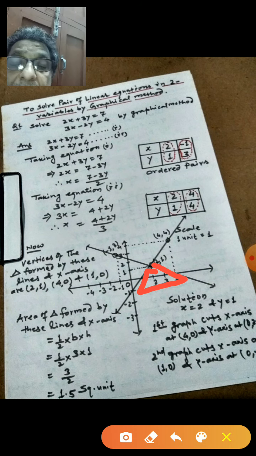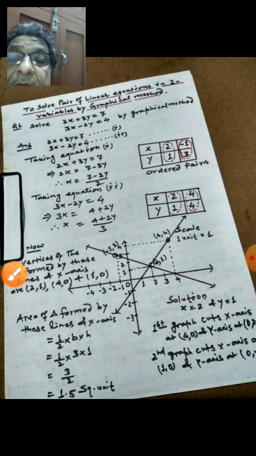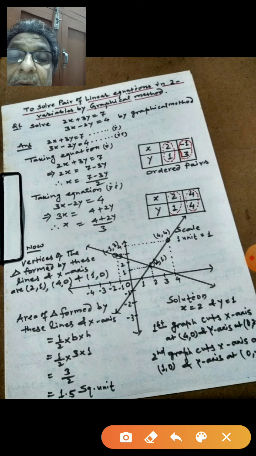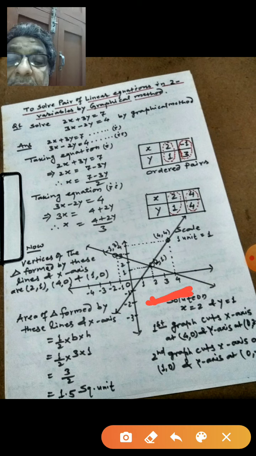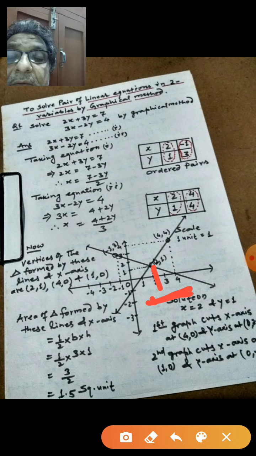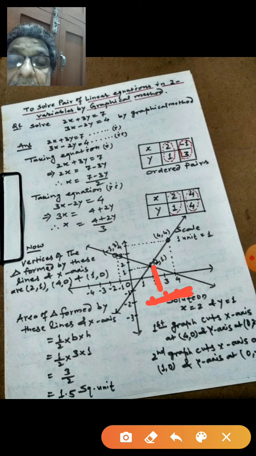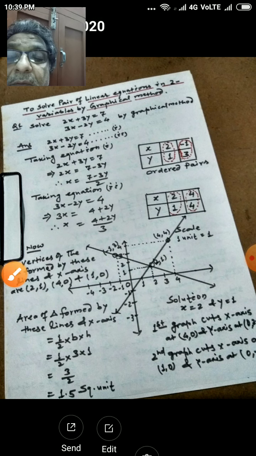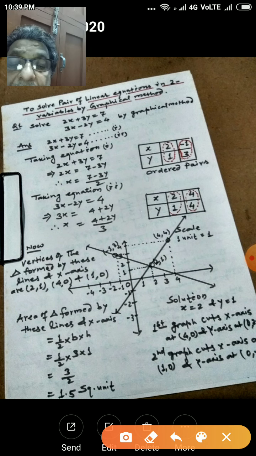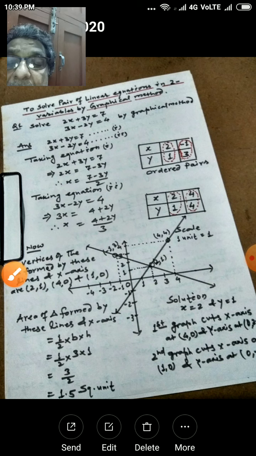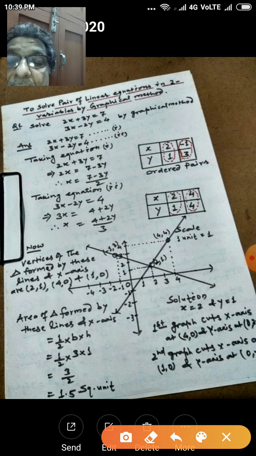So here the base, you just count, is from mark 1 to 4, which is actually 3 divisions. So the base is 3 units, while the height, this one, is 1 unit on the y-axis. So by putting this in, we get the area of the triangle as 1.5 square units.